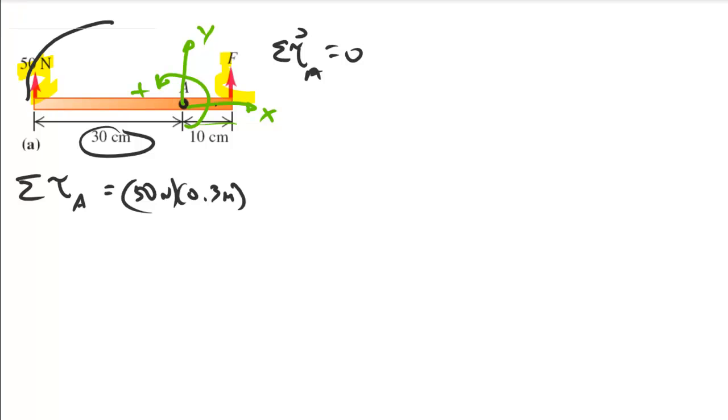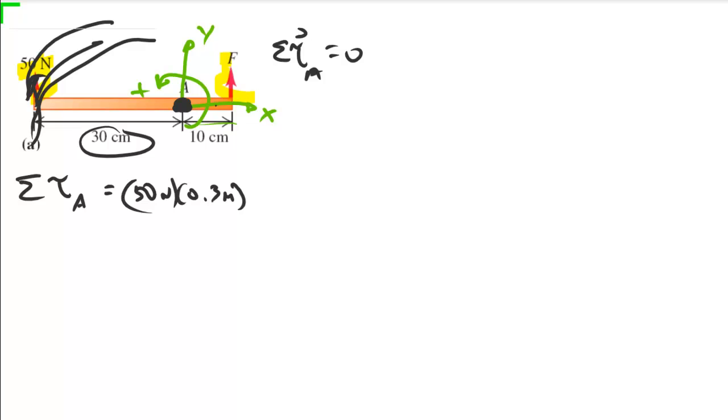A is stationary, it stays still right here, and the other point moves. If I push in the direction of F, this bar is going to rotate clockwise.